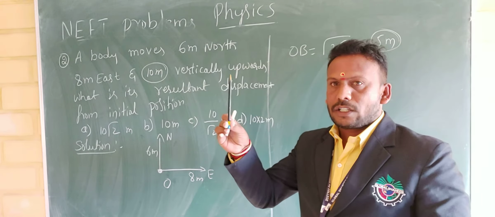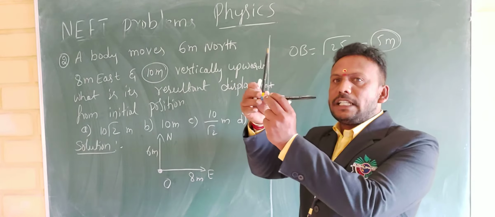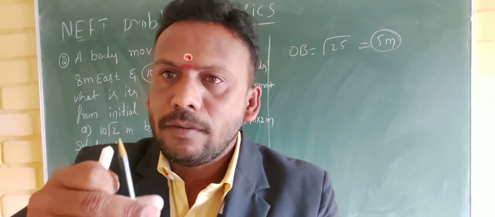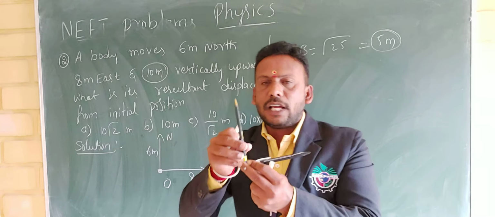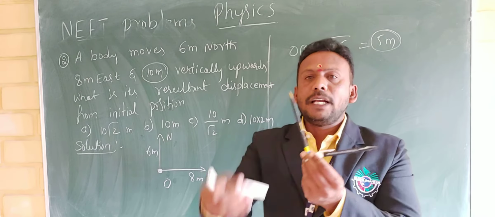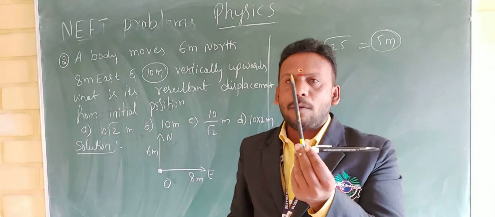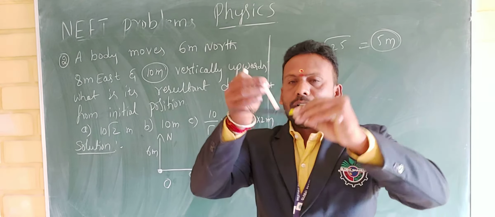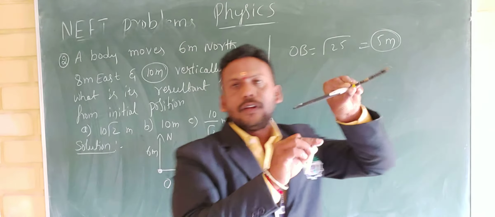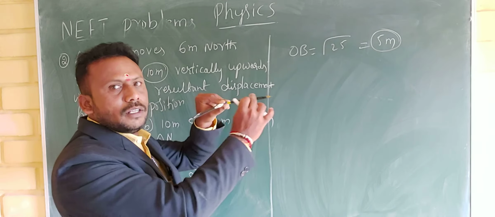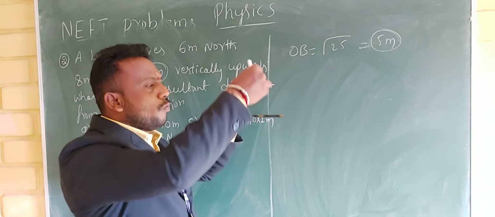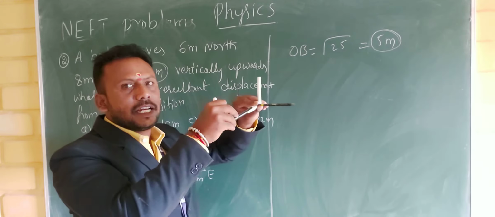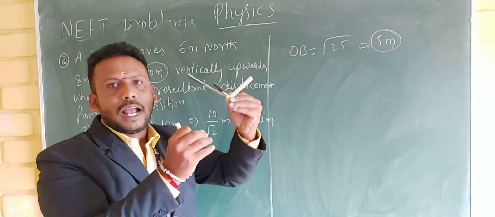This is the north direction and this is the east direction, and 10 meter vertically upwards. It looks like three mutually perpendicular axes.